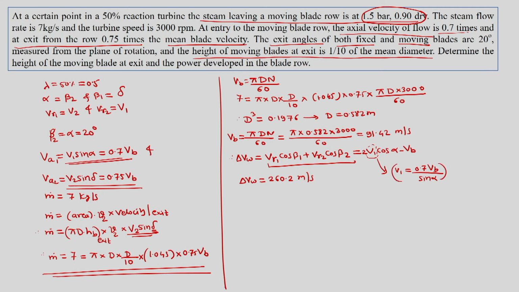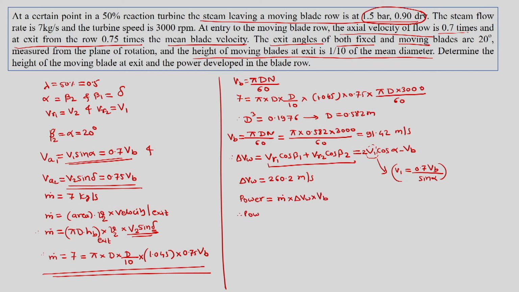So this we can put over here and then find out delta VW, and once delta VW is known, we can find out power, since power is equal to m dot into delta VW into VB.